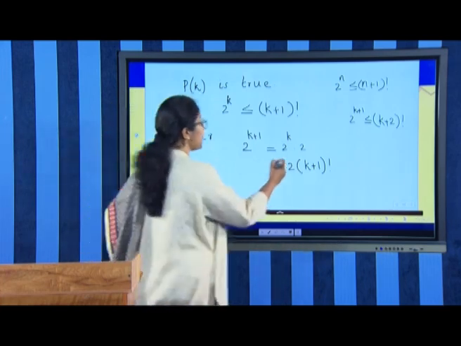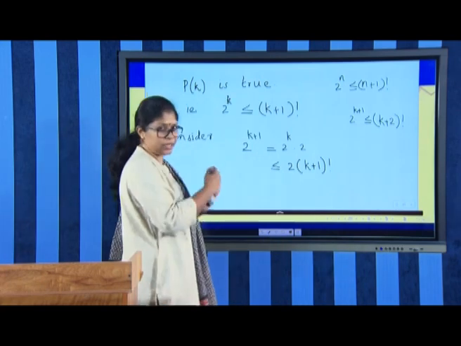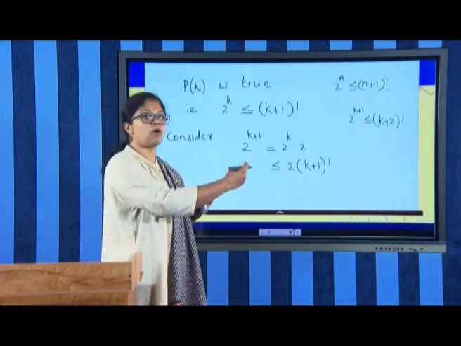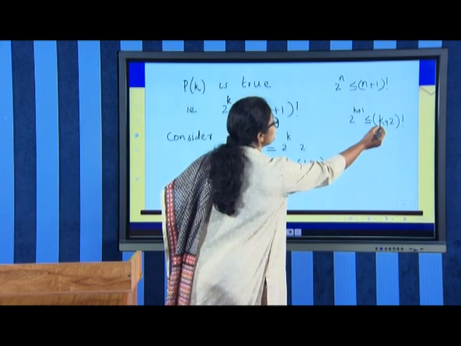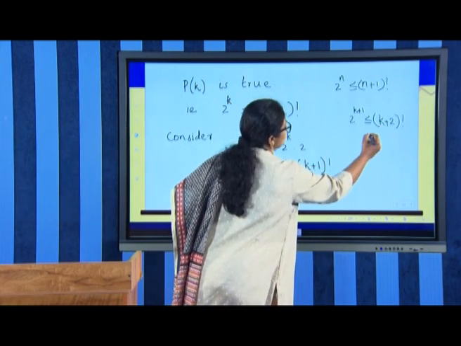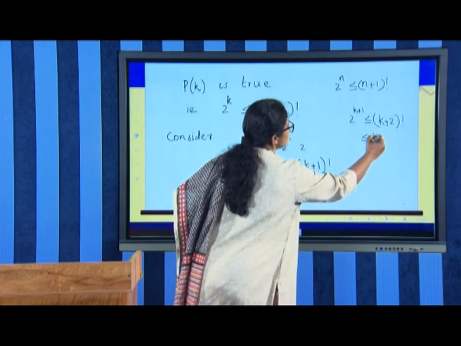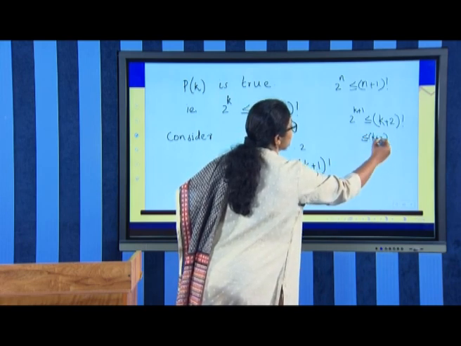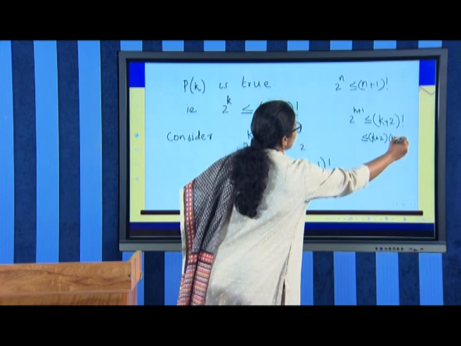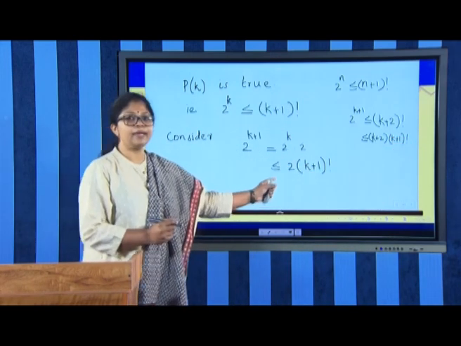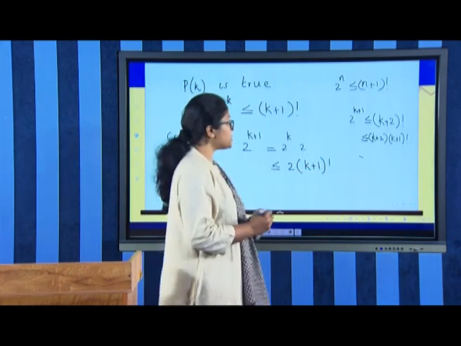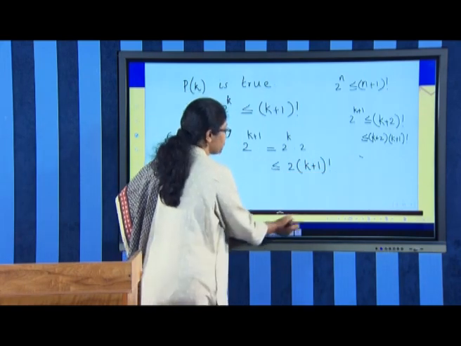So, we can compare the result that we have obtained now with the result that we want to prove, and so we can have 2 and k plus 2 here. So, this is actually k plus 2 into k plus 1 factorial. So, we need to compare only the two numbers 2 and k plus 2 and see which is larger.